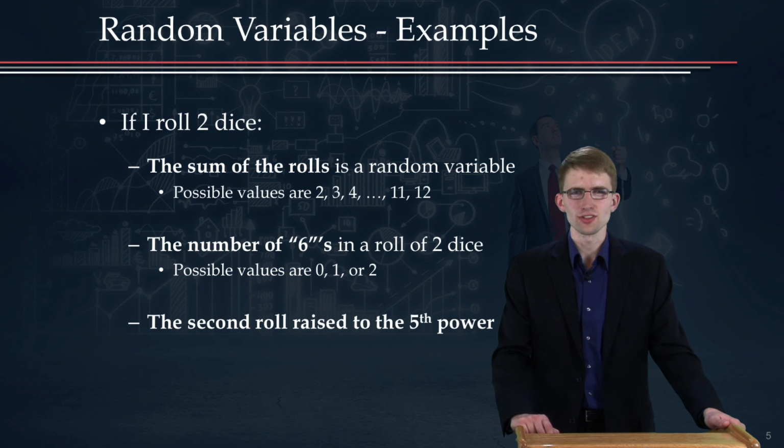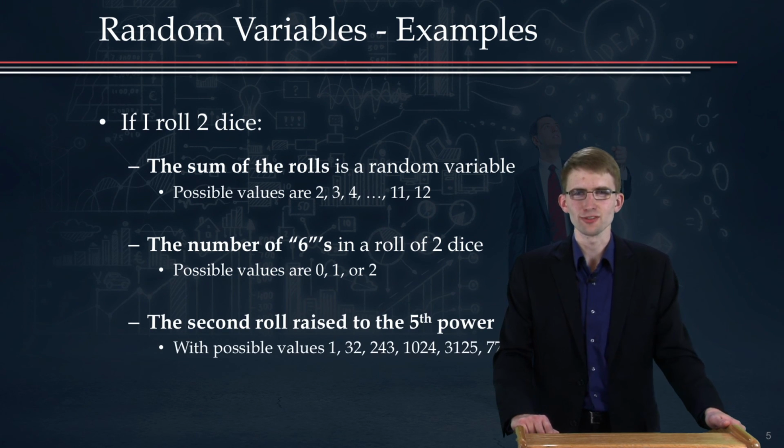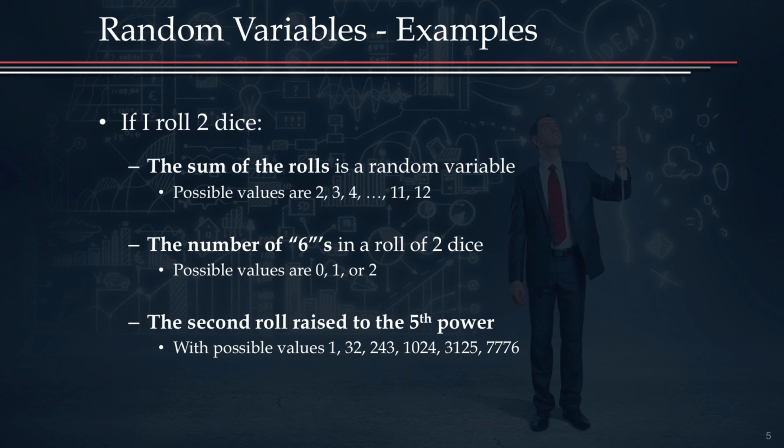Finally, and this just shows you that random variables are quite general, you could take the second roll and just raise it to the 5th power. And you have these different possible values, 1 to the 5th, 2 to the 5th, 3 to the 5th, etc. All you need is just some number that's associated with each of the outcomes in your experiment. Now, in the next slides, we'll talk more about the calculations and the power behind the concept of random variables.